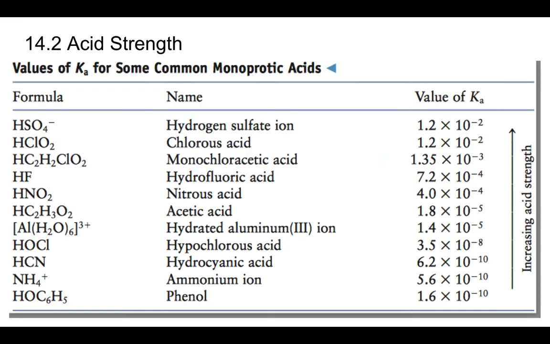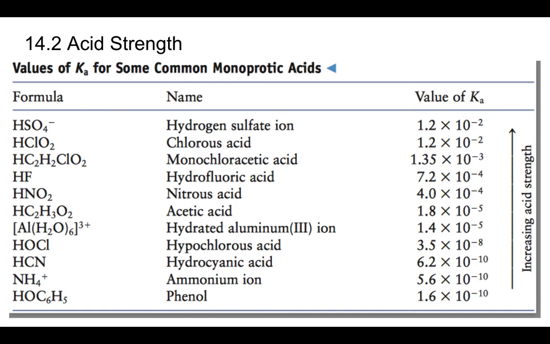And here, right at the top of this chart, is support for the idea that the second H plus on sulfuric acid is weak. When you take one H plus off of H2SO4, you get HSO4 minus. The Ka for HSO4 minus is less than 1. It's 1.2 times 10 to the minus 2, 0.012.